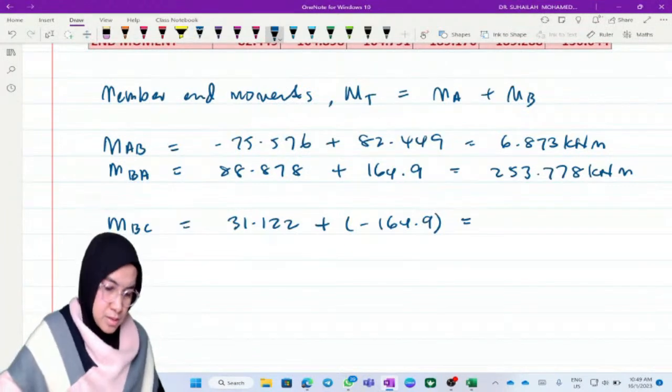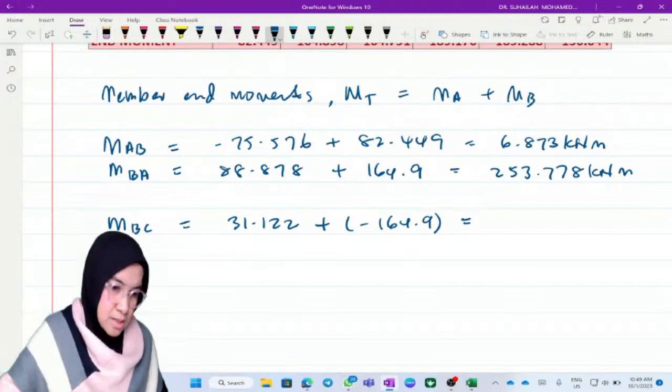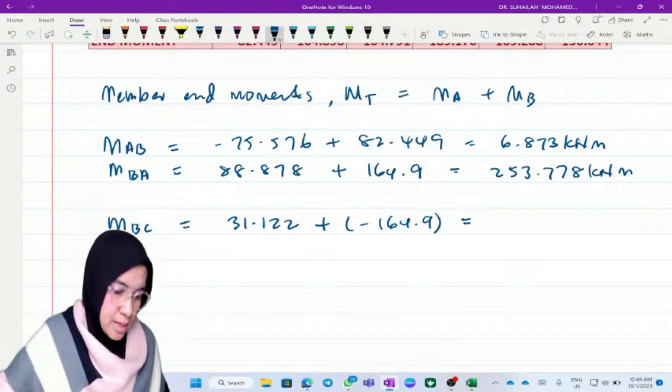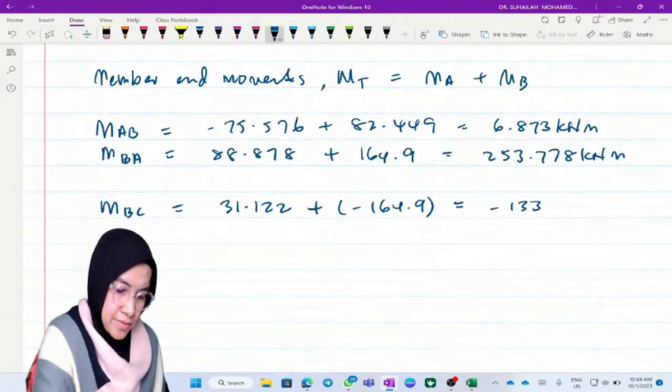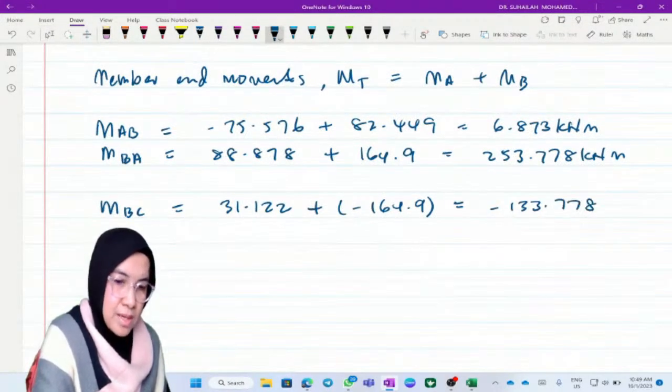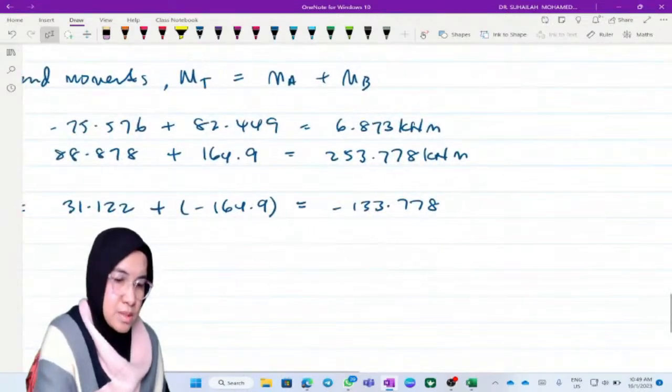Okay, so we get 31.122 minus 164.9. So we get negative 133.778 kilonewton meter.